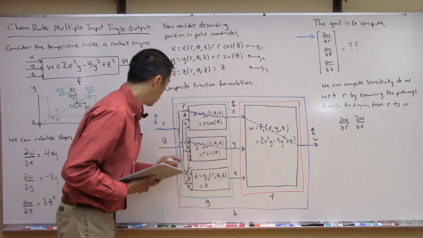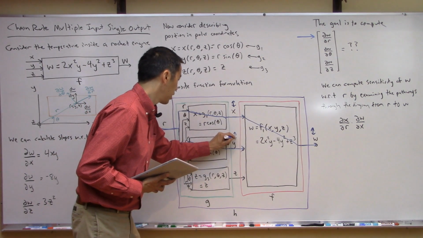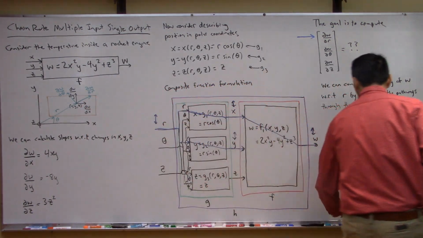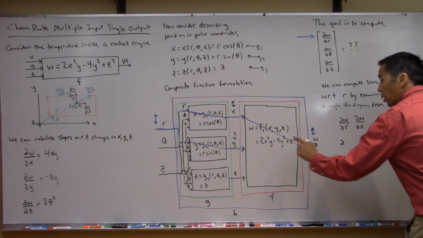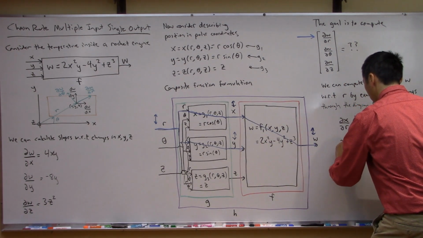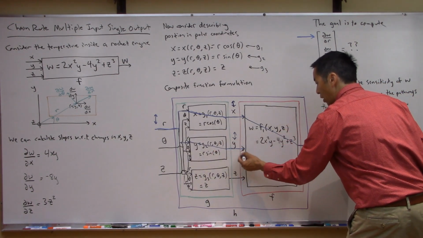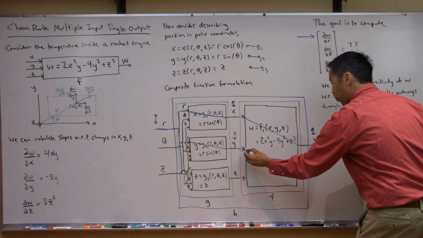It's going to change y. So you perturb r, this is going to make a variation in y. Let's write that down. You have partial of y with respect to r. That's this branch. And now this perturbation in y is going to change the output w through this function.